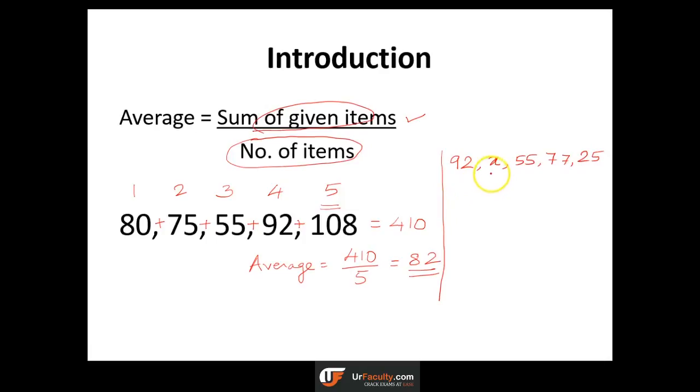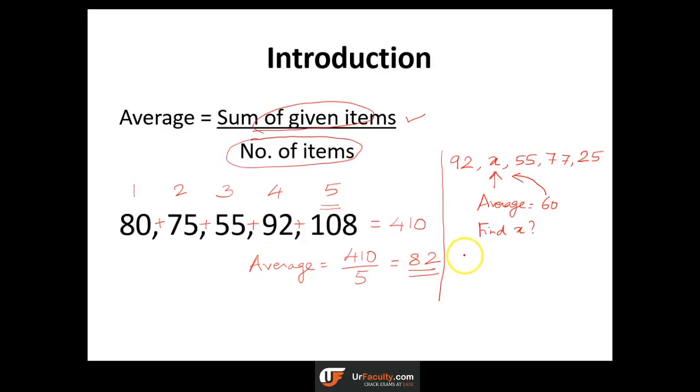In this question, one of the components has no value given, and they are telling us that the average of these numbers is equal to 60. Now they are asking us to find the value of x. So let's try to find x.